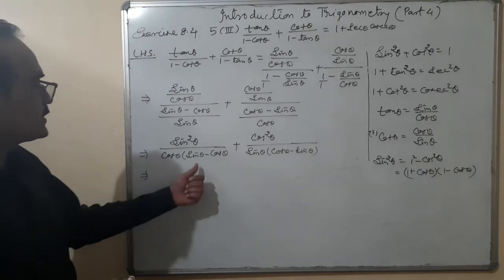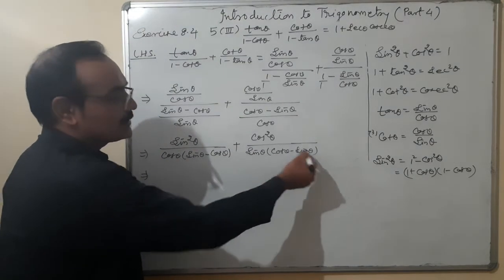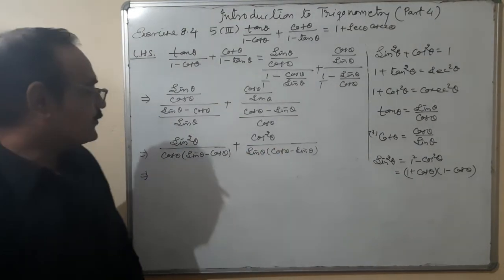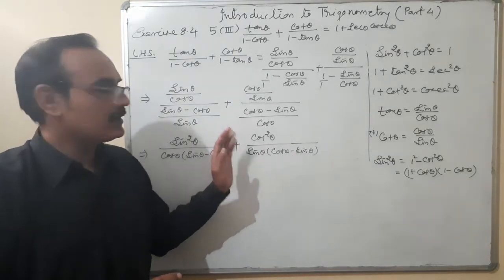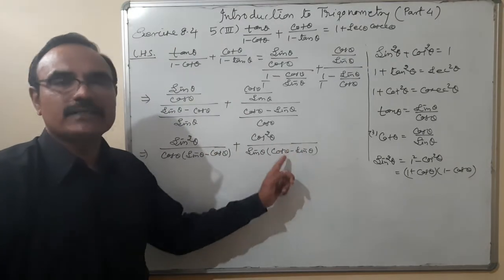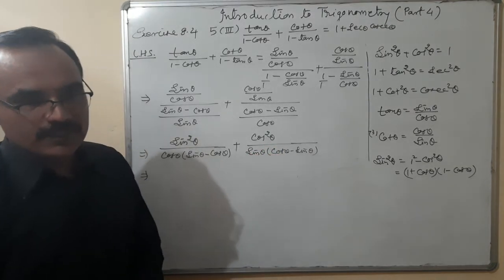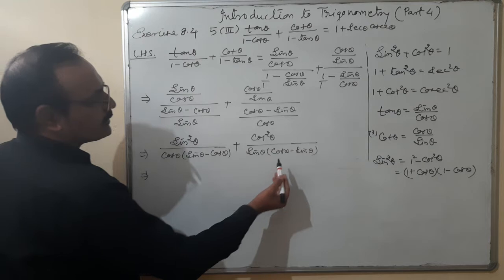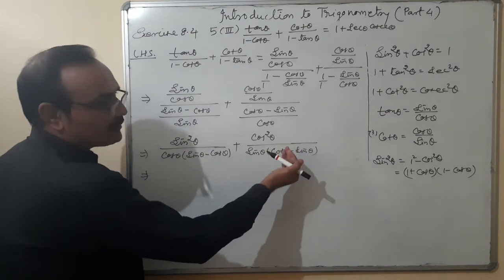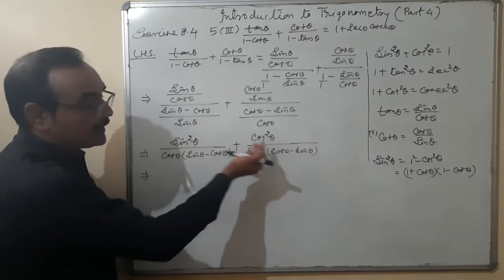In the denominator there is sin theta minus cos theta, and it is cos theta minus sin theta. Okay. So better to take minus sign common from here, then this cos minus sin becomes sin theta minus cos theta, so that in taking LCM of the denominator the term is easier. So here what I am doing, this cos theta minus sin theta is to be converted to the form of sin minus cos, we will take minus sign common.